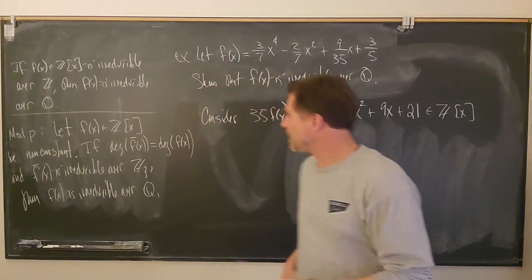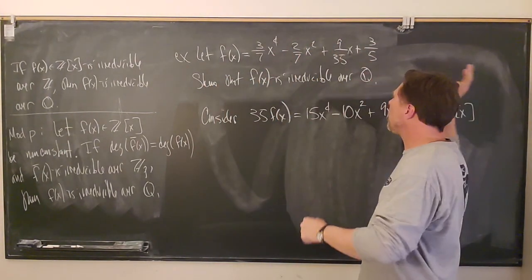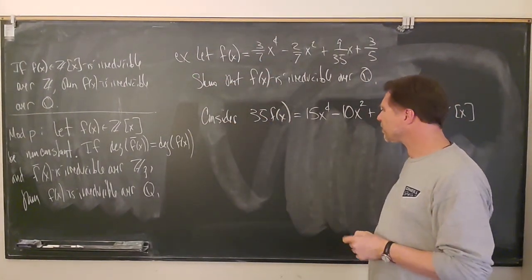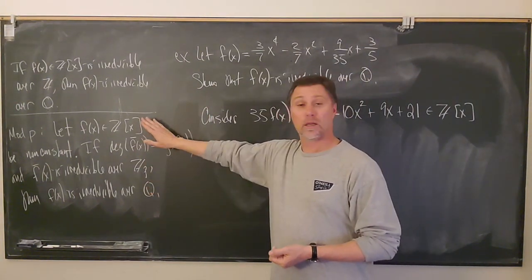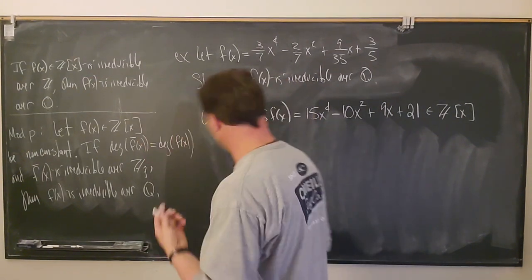That's the idea: anytime you have a polynomial with rational coefficients, you can clear all the denominators out, work with a polynomial with integer coefficients, and then make use of tests like the mod p test.